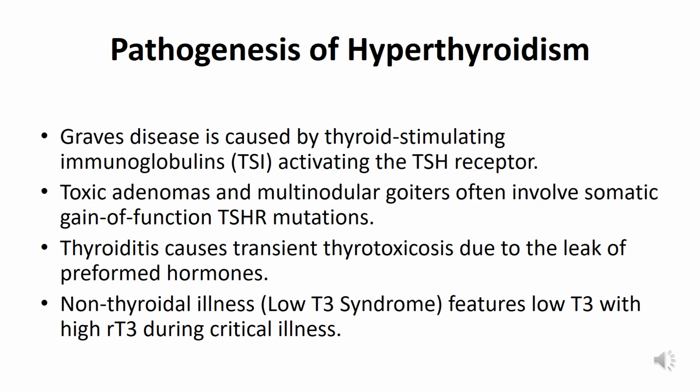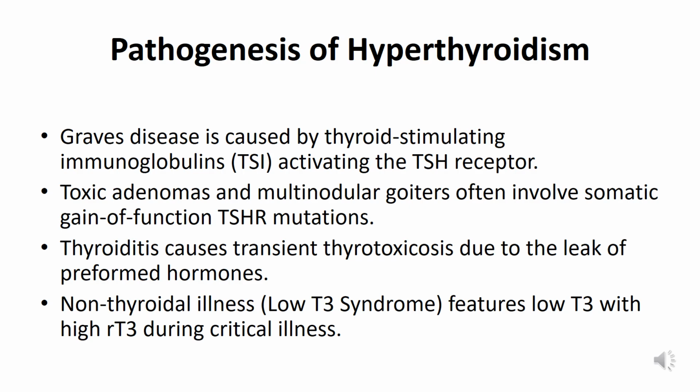Peripheral conversion of T4 to active T3 decreases, while conversion to reverse T3 increases. As a result, laboratory testing often shows low T3 levels together with elevated reverse T3, or RT3. This shift is thought to represent an adaptive metabolic response during severe illness, trauma, or starvation.